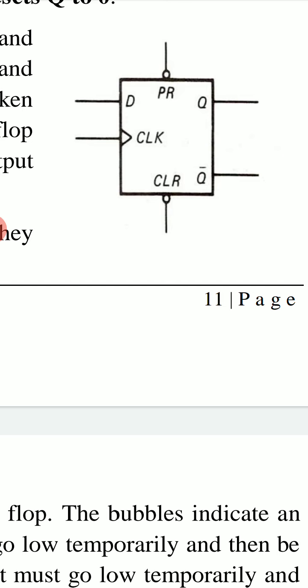So this clear signal is active when it is low due to this bubble sign. Similarly, the preset will be active when this preset signal is low. So when preset is low, clear is high, then output Q is high, that is 1. It is preset. Output Q is preset, that is 1, when this preset is 0 because it is active low.